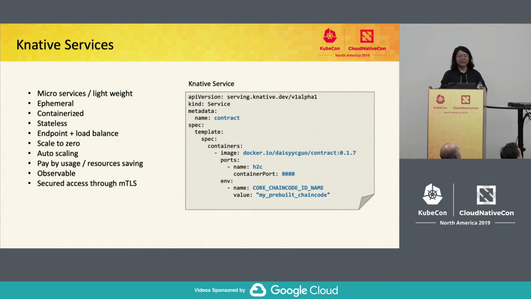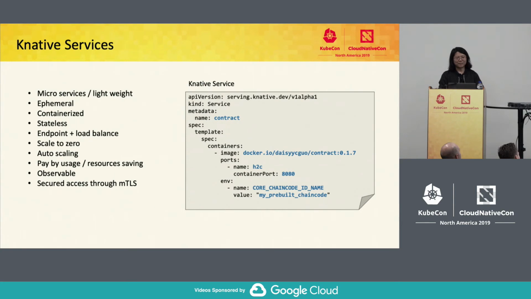So here is an example of a Knative service. The concept of a Knative service can be complex, but as a common user, you may only need to understand that the parameter is your image URL. If you have an image URL, you can easily create a Knative service. Knative will manage creating all the artifacts to offer such a service.